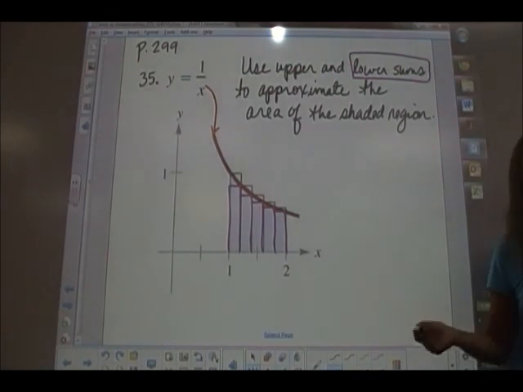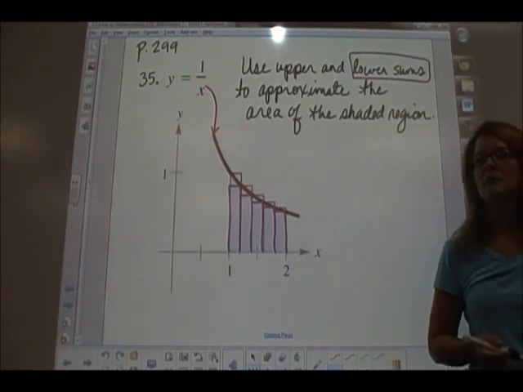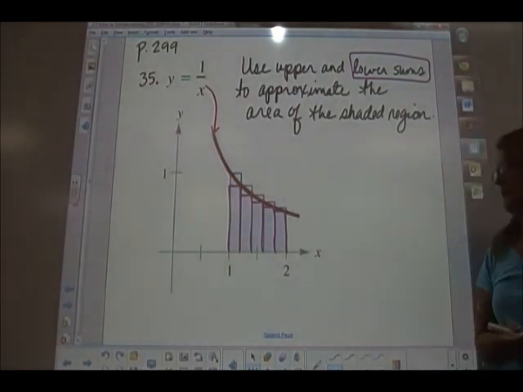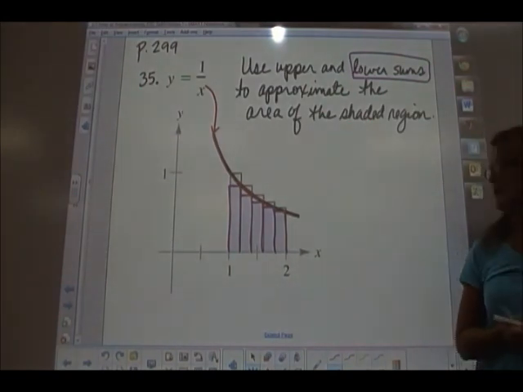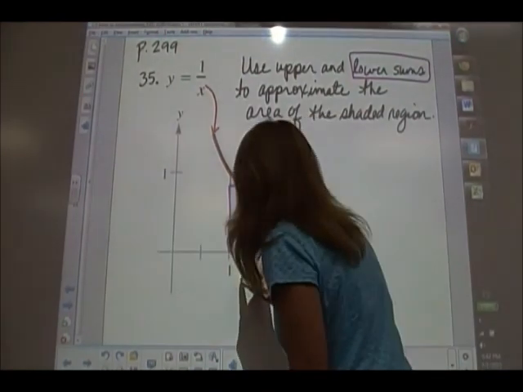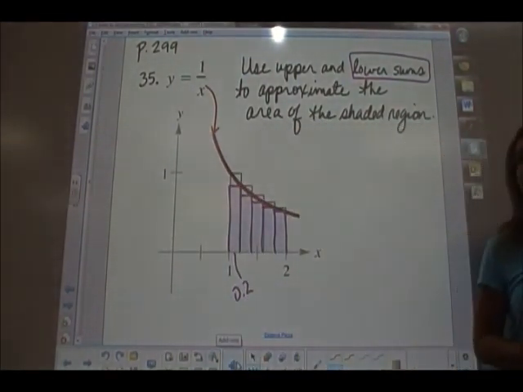If I'm going to find the total sum, I need to know what the y and x values are. So how about the increments? What would they be? Delta x is 0.2. Each one of them is 0.2. So the width of each rectangle is 0.2. Do you agree?